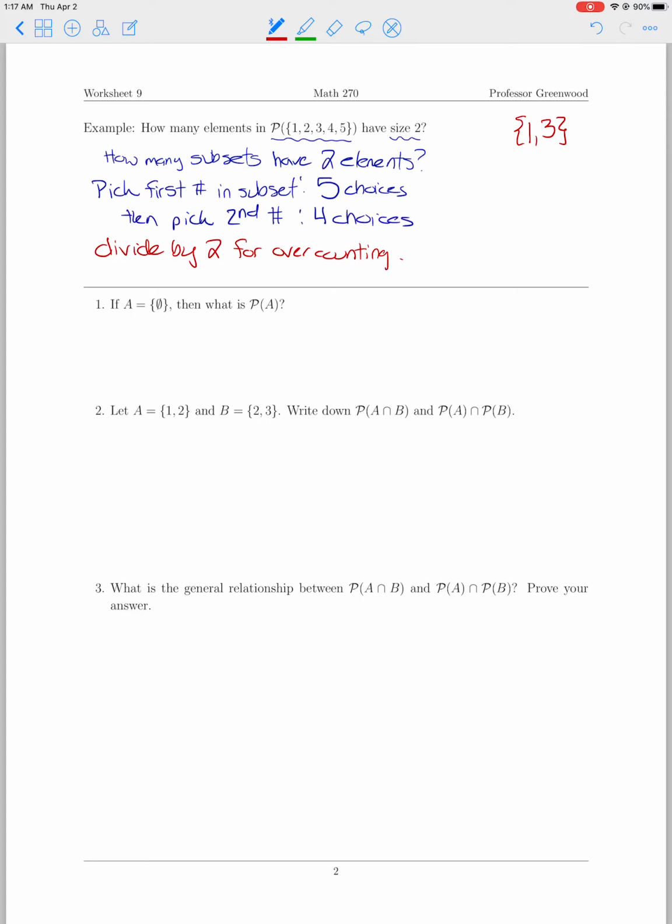At the end of the day, the number of subsets of size 2 is going to be 5 times 4 over 2, which is equal to 10. Or you might remember from previous math classes that this could also be expressed as 5 choose 2, which is just the notation for saying that you have 5 elements and you're going to pick 2 of them.